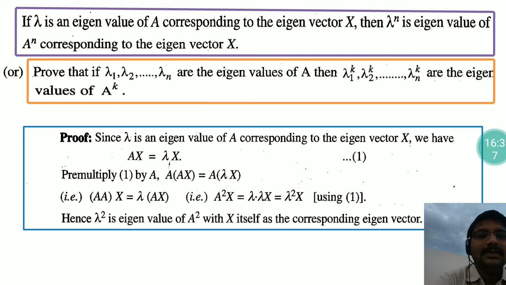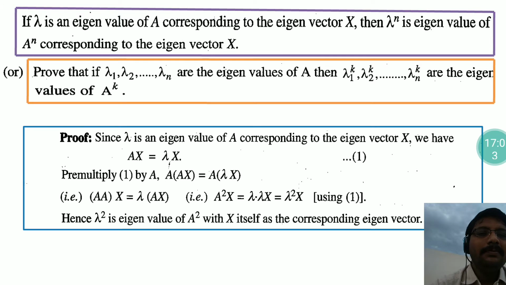Now to prove this result, lambda is the eigenvalue of A corresponding to the eigenvector x. So then we have Ax equal to lambda x, by the definition of eigenvector. Suppose lambda is the eigenvalue of A and the corresponding eigenvector is x, a non-zero vector, then we will have Ax equal to lambda x.